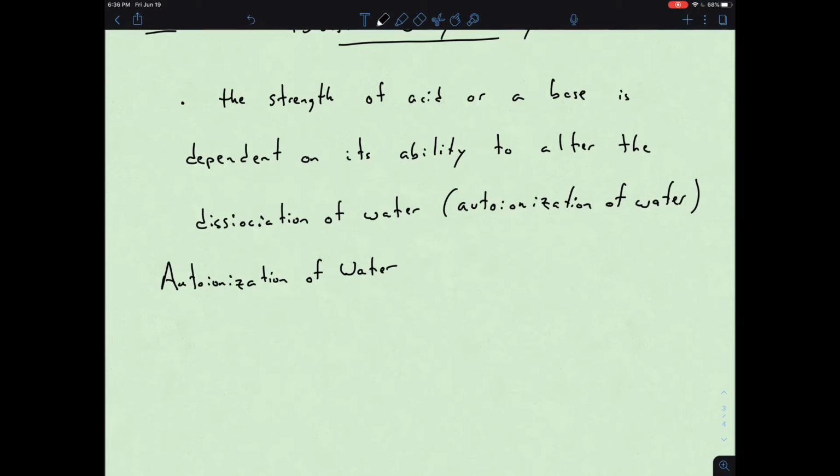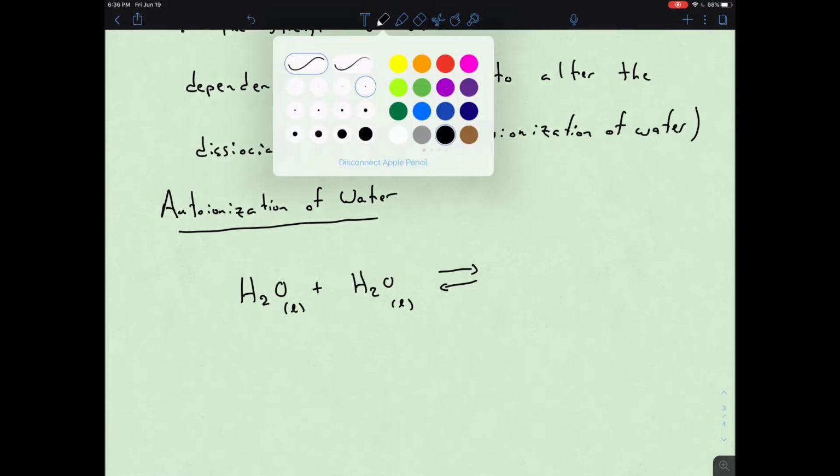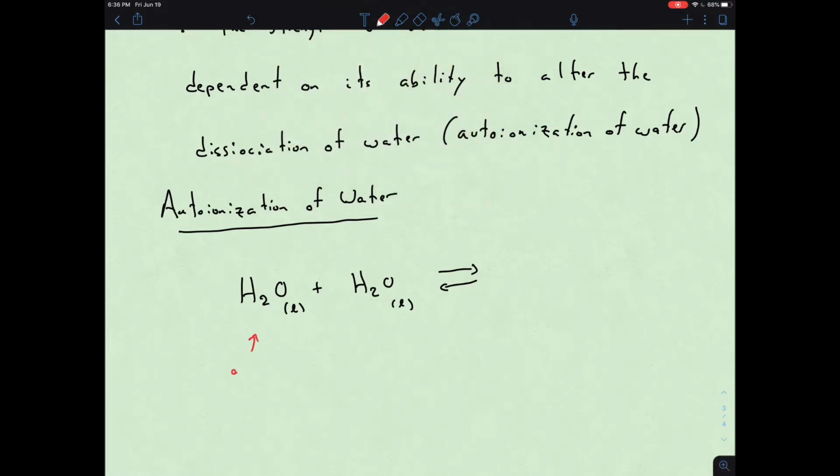We've already somewhat saw this idea earlier, but if we have water, and let's say we have two of them, then we have one acting as an acid, so we're looking at it donating H+, and the other H2O is acting as a base, and it's accepting the H+.